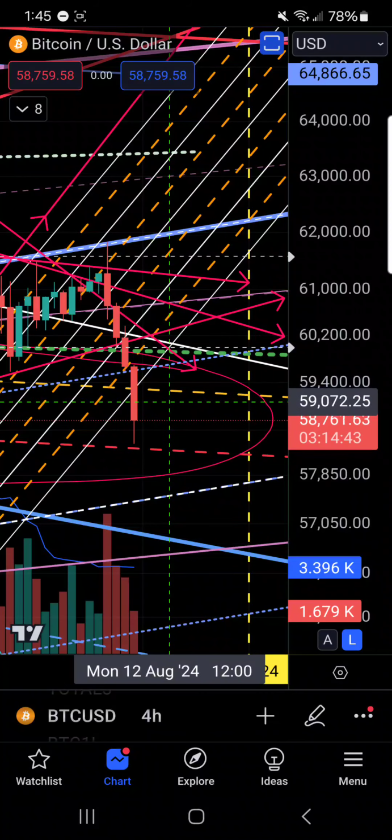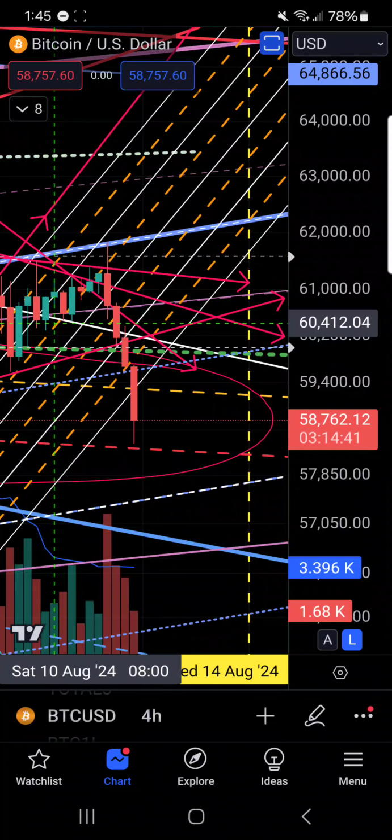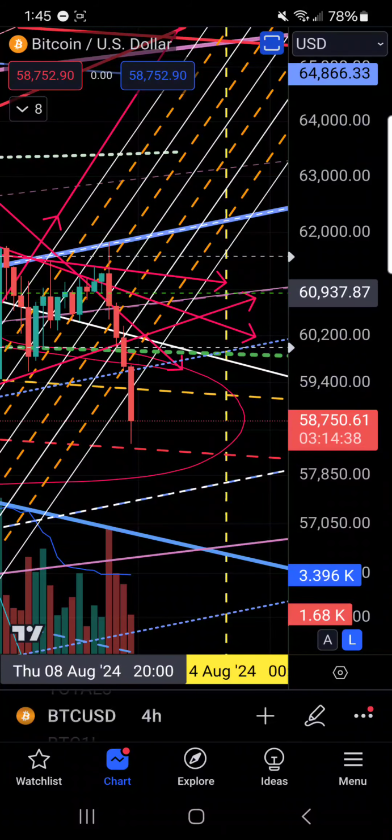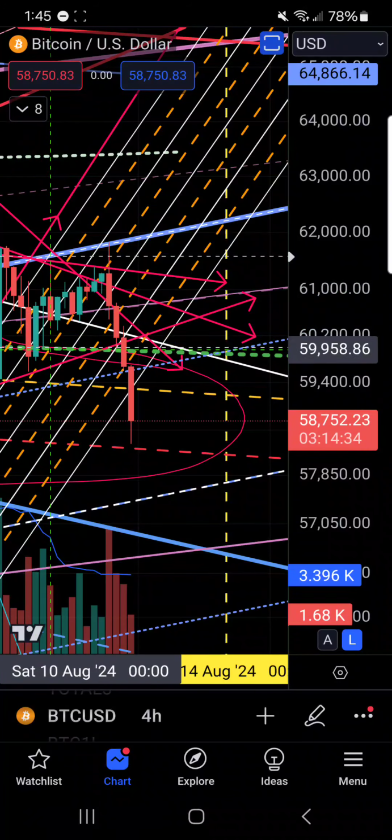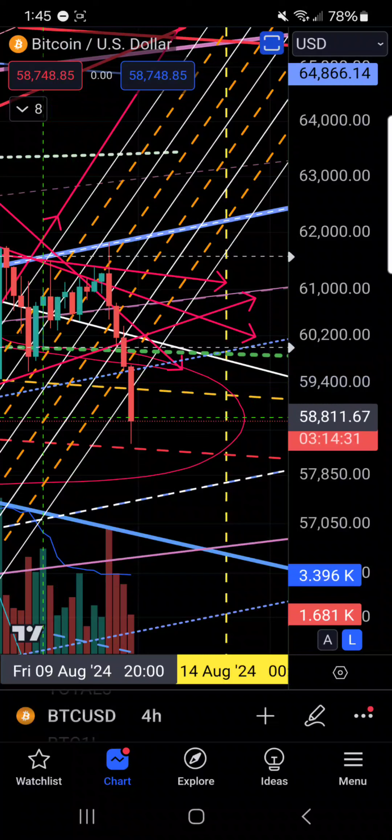So prior to this dump right here, what we had been doing since Friday or whatever, we've been consolidating in this triangular region here.